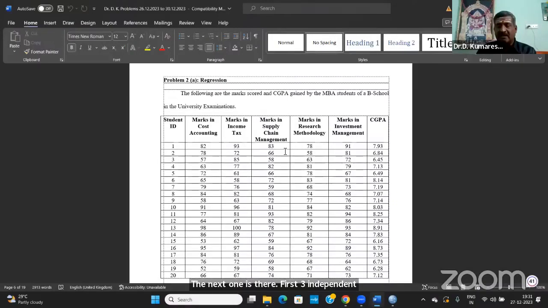The next component of the equation is b2x2. b2 is the coefficient of the x2 variable. x2 is the second independent variable. Any number can be there, not only two independent variables. There may be three independent variables, four independent variables, five independent variables, and so on.